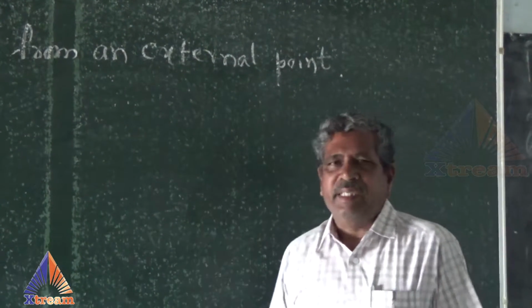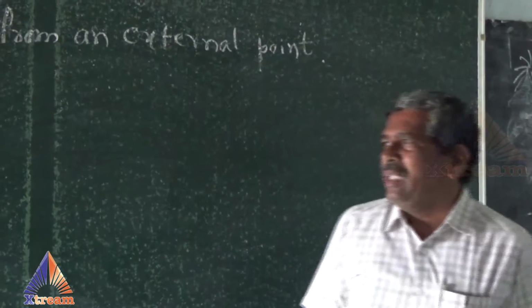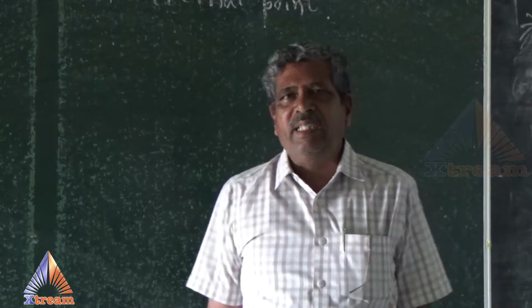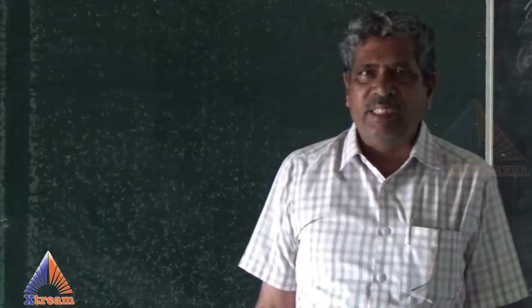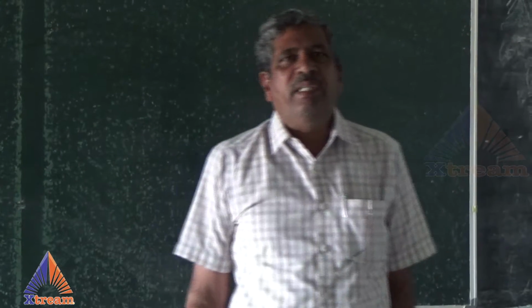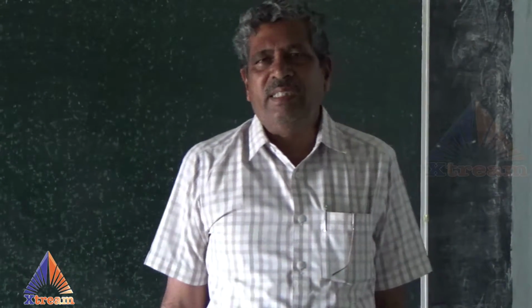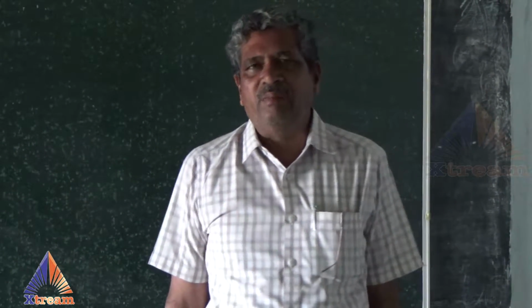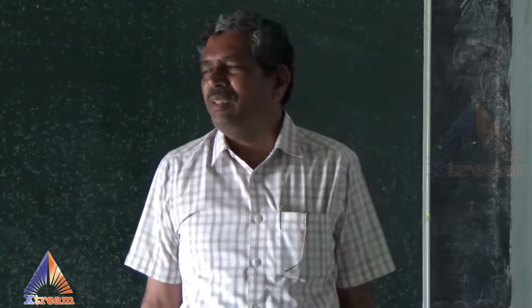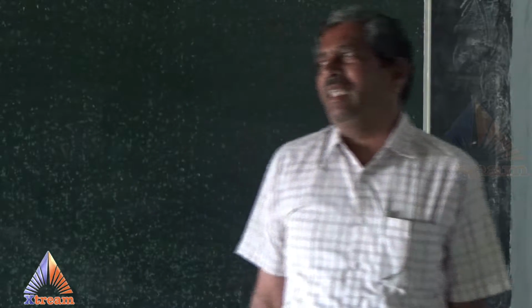For example, if the radius of the circle is 2.5 centimeter, and the point is 6 centimeter away from the center of the circle.